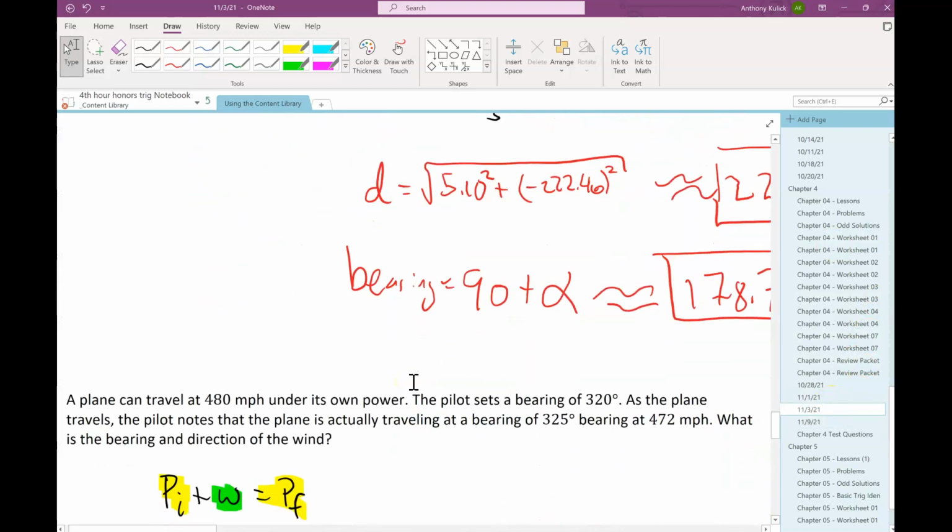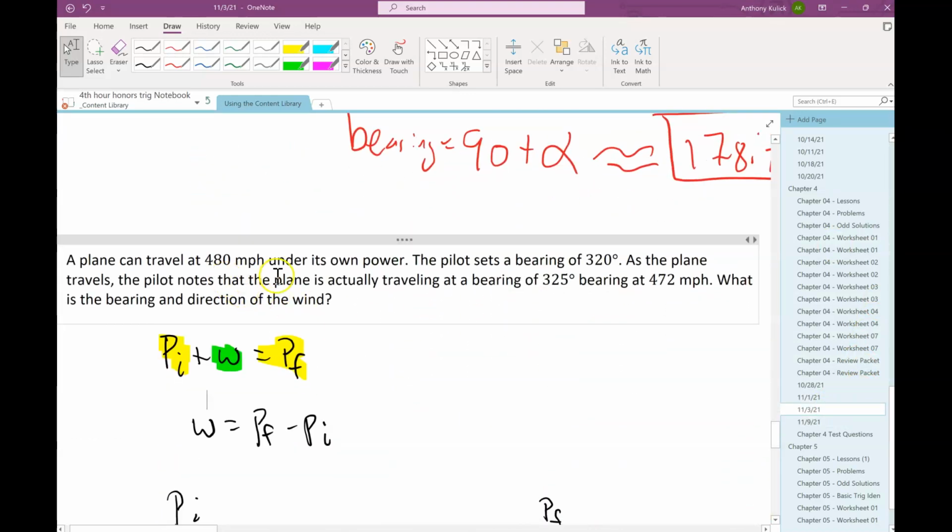To show you the subtraction problem example, here we've set this bearing initially, but we're told that once we actually take off and start going, the bearing has changed because we're getting pushed by a wind. And the speed that we're expecting to go is actually slowed down.